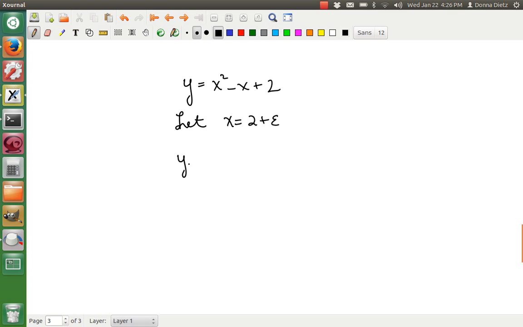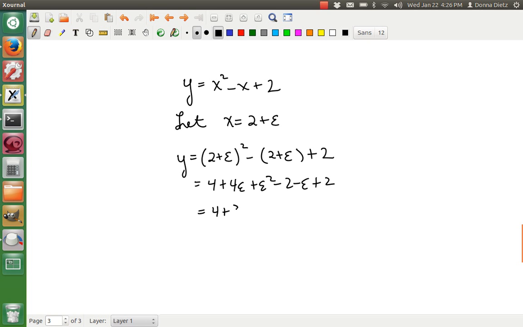But let's just see what happens. This is y is equal to x squared minus x plus 2. I like to put that template in. But x is 2 plus epsilon. And if I work that out, I get 4 plus 4 epsilon plus epsilon squared minus 2 minus epsilon plus 2, which gives me 4 plus 3 epsilon plus epsilon squared.